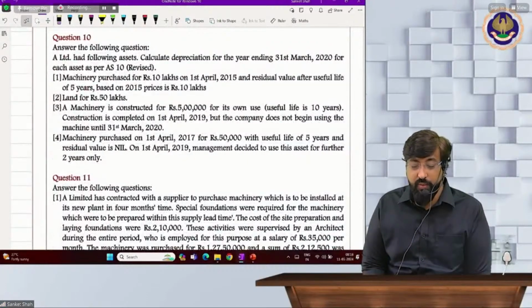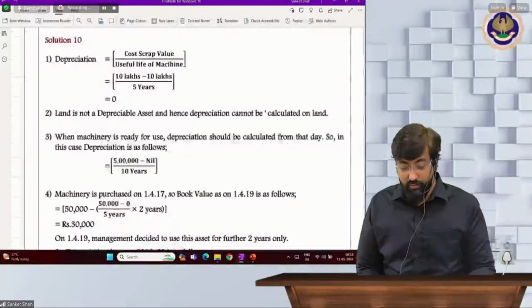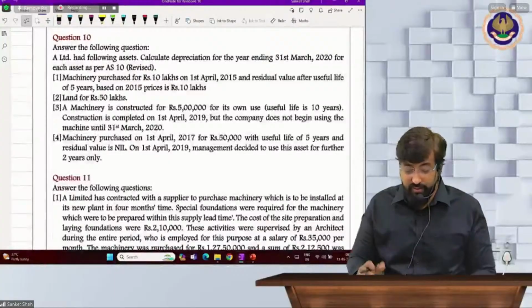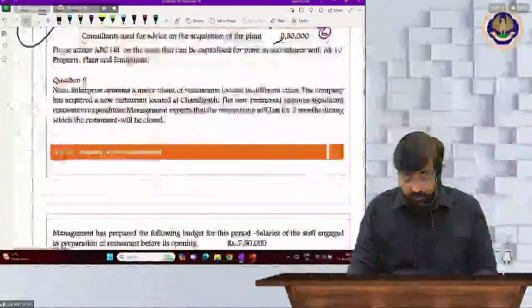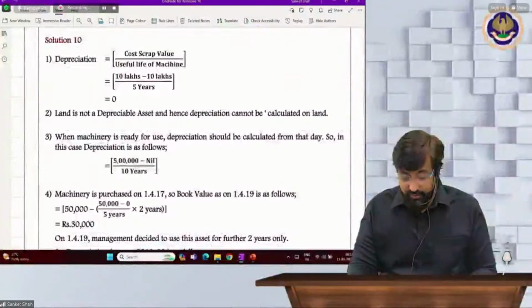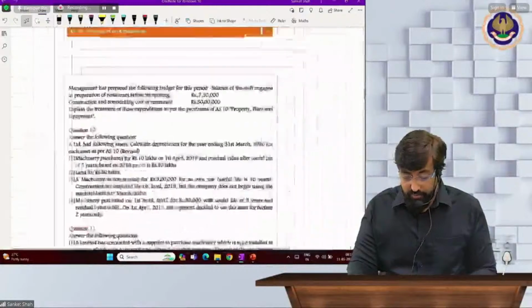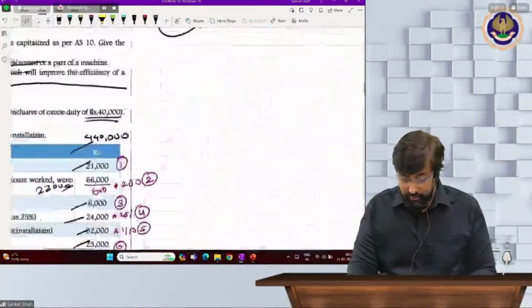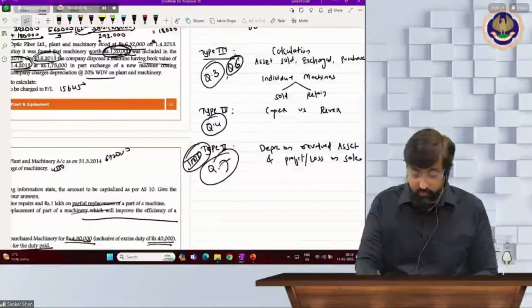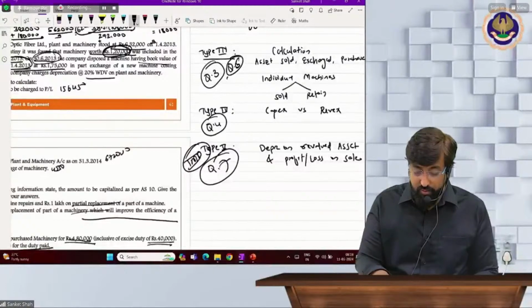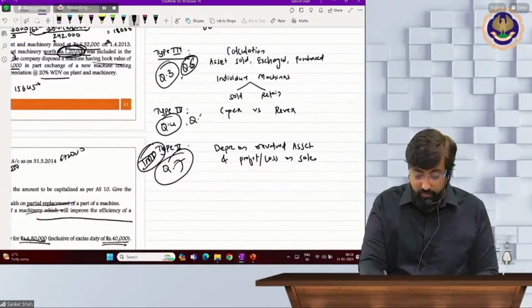Chalo, illustration number 10. Capex versus Revex. Yes, in which question did this come up? Number 9, Capex versus Revex. Which type? Question number 4. Question 9 also.